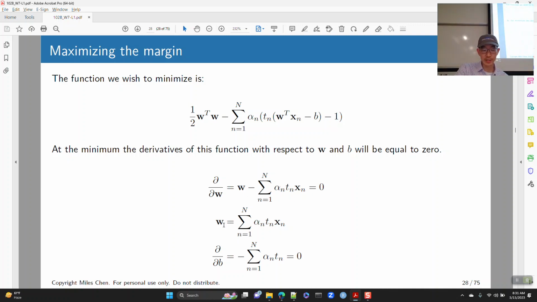So I get w is equal to the sum of alpha times tn xn. If we set that equal to 0 and solve, we get this. Then to do the same thing, we take the derivative with respect to b, and we get this form over here.